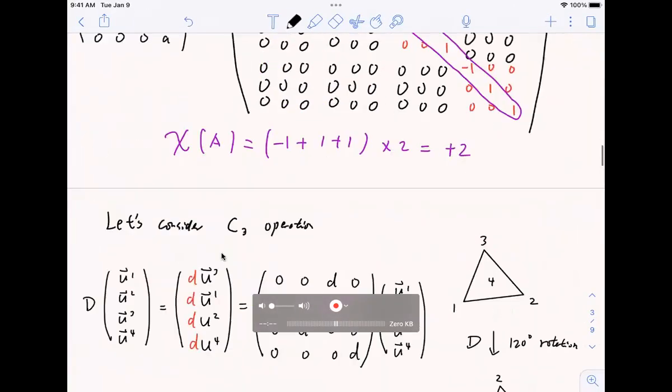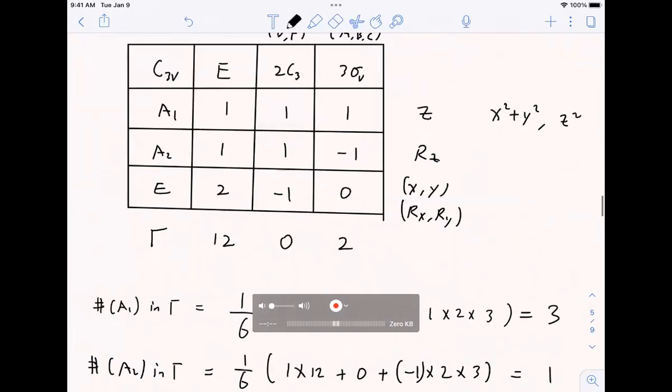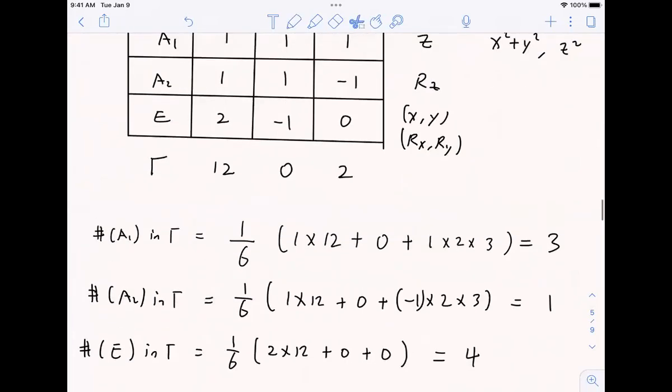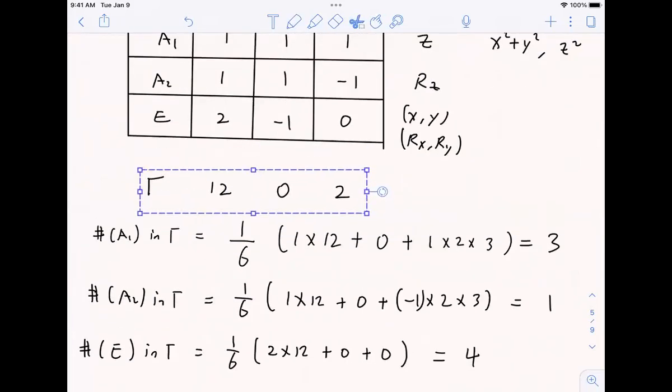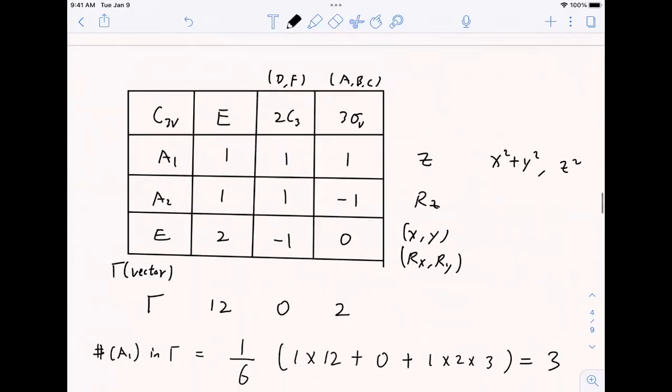So for example, let me copy this. Let me put it here. If you want to know the representation for vector, then all you need to do is, this is z, this is xy. So they transform according to A1 and E. So basically, here this is already determined.